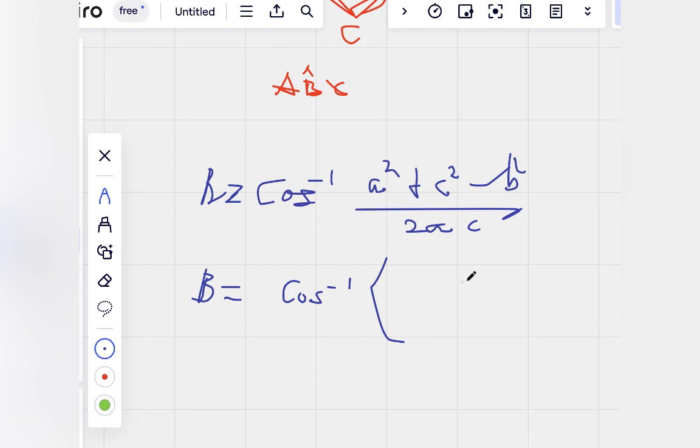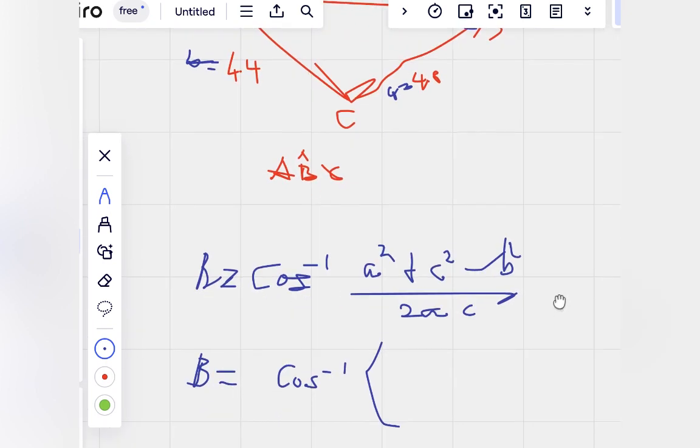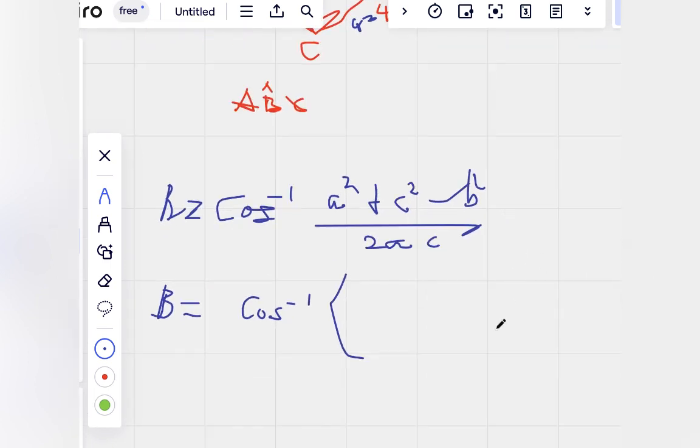A square, what's the value of A? Our A is 4.8, so we say 4.8 square, plus, what's the value of C square?